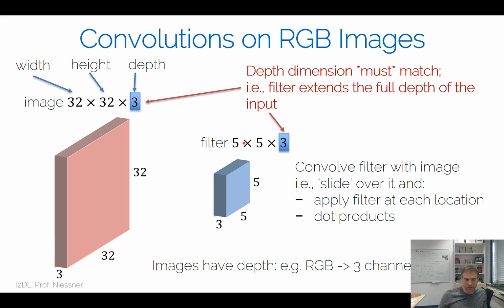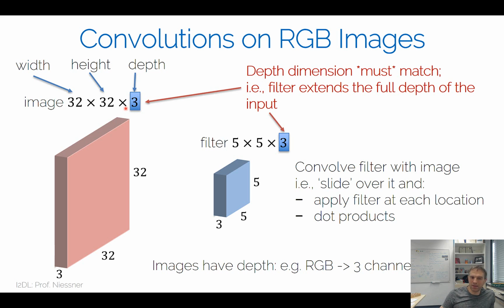Our filter kernel is a 5x5 filter, but it has to match the depth of the input. You have to take all the depth into account. So our filter is 5x5x3. This 3 here must match the depth of the input. Otherwise, we can't apply the filter. The filter must extend to the full depth of the input, right?